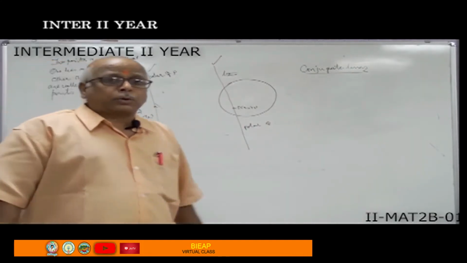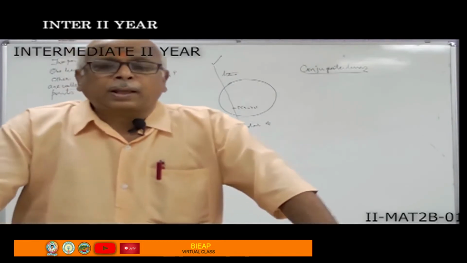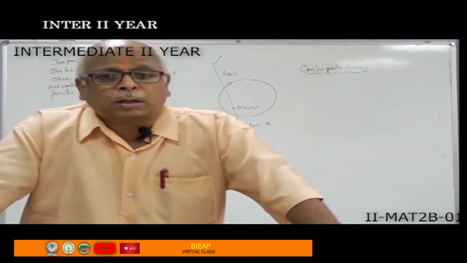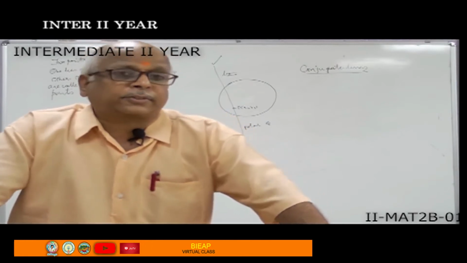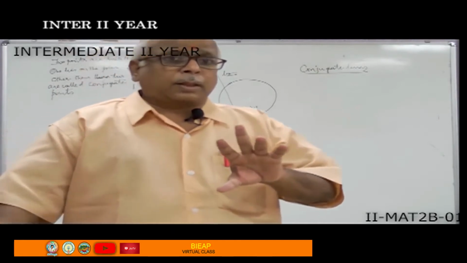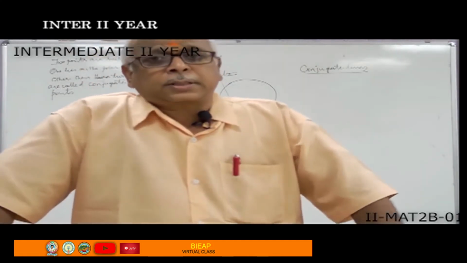I repeat, 2 lines are such that one passes through the pole of the other, then those 2 are called conjugate lines.